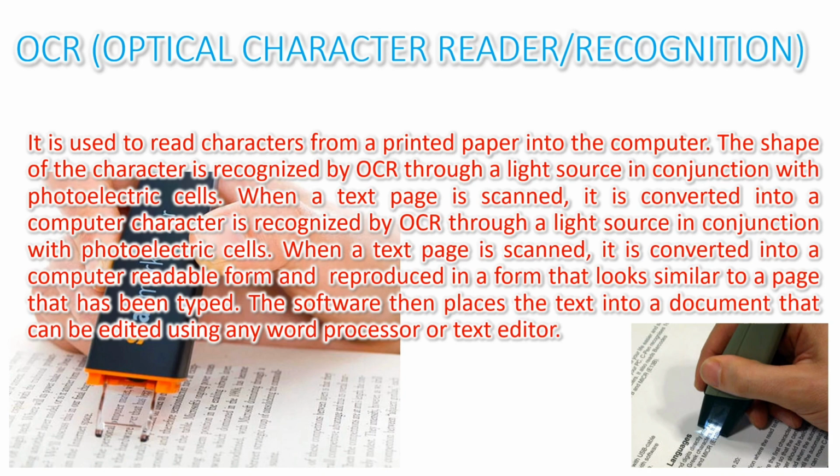When a text page is scanned, it is converted into a computer readable form to reproduce in a form that looks similar to a page that has been typed. The software then places the text into a document that can be edited using any word processor or text editor.